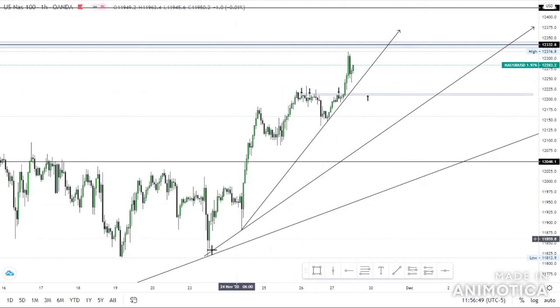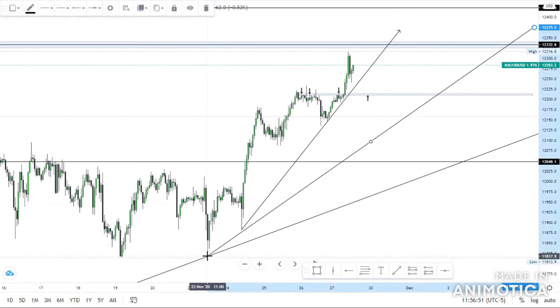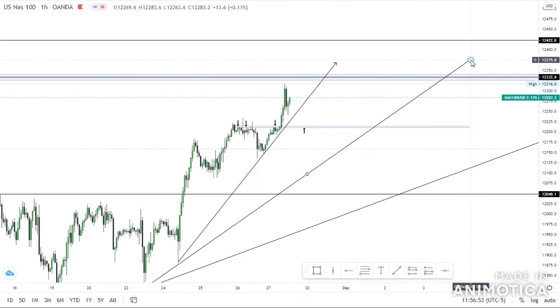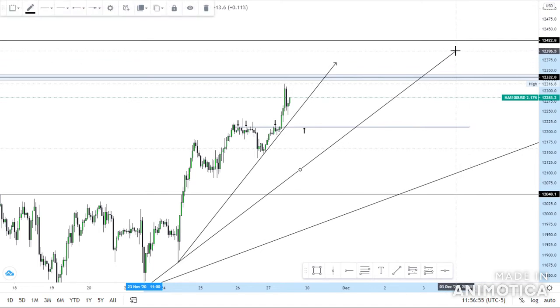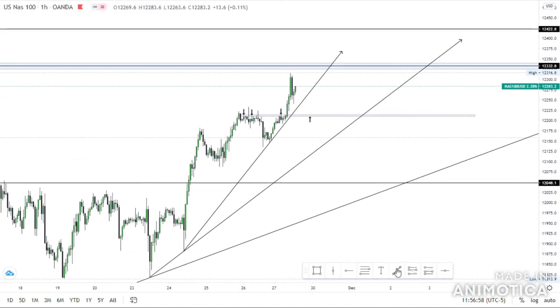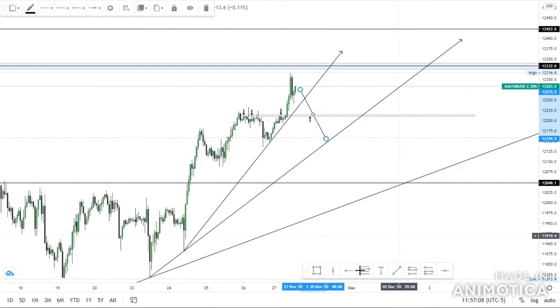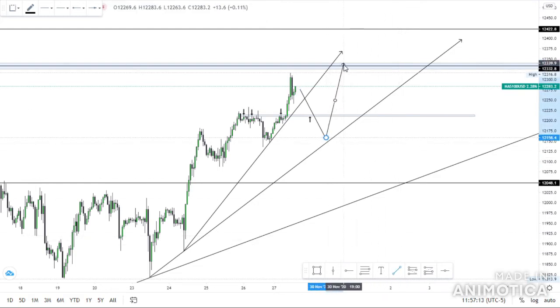But let's just focus on our possible buys for now, then we'll get back to that sell. So if price decides to push through this level right here, you can obviously focus on this trend line, to see if she respects that, to then head towards the upside.